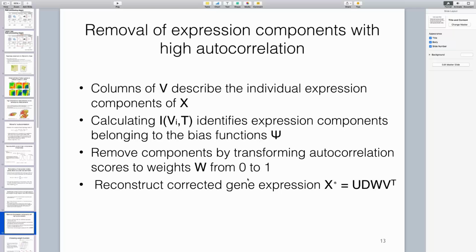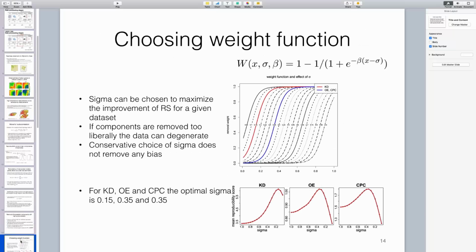We can set parts of the matrix D, the diagonal matrix with the variances, to 0 if we want to get rid of them. Then we can reconstitute the gene expression by doing some matrix operations. How we choose how much we remove, I will talk about in a bit. In the last slide you can see we reconstruct the gene expression by applying the weights to D and back transforming the data. So it's a very simple approach.